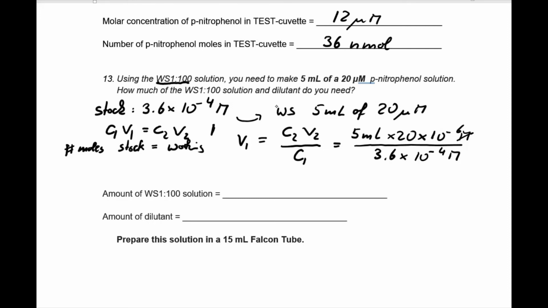The molar cancels out. We have the unit milliliter left, and when we put this into a calculator, we would get 0.278 milliliter, which is the same as 278 microliter.